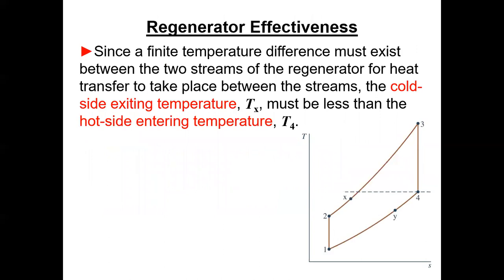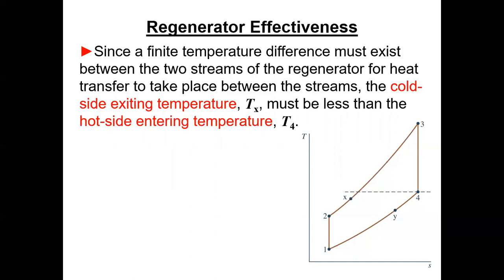Okay. Engineers always have to have parameters to evaluate everything, so the term we're going to use is regenerator effectiveness. The theoretical highest possible temperature for TX would be T4, because that's the hot gas temperature going in.